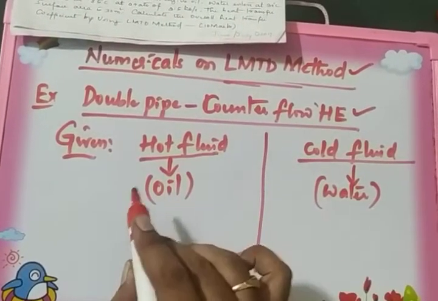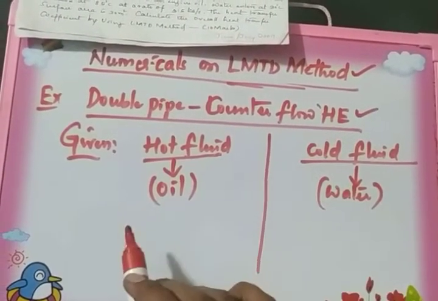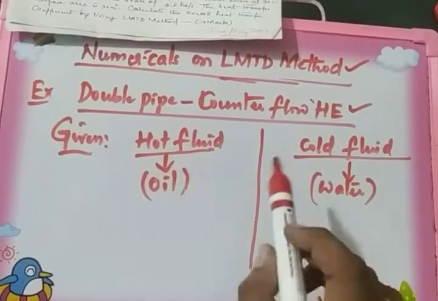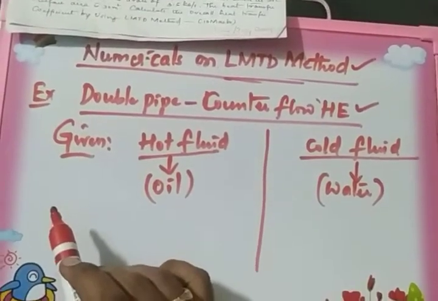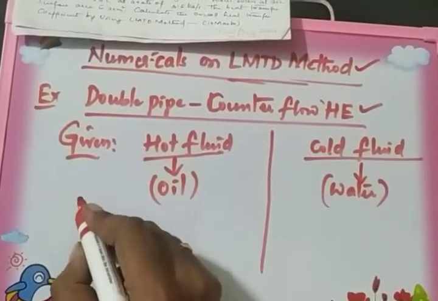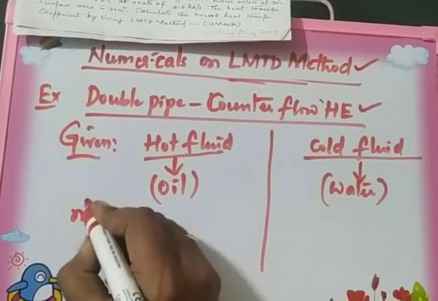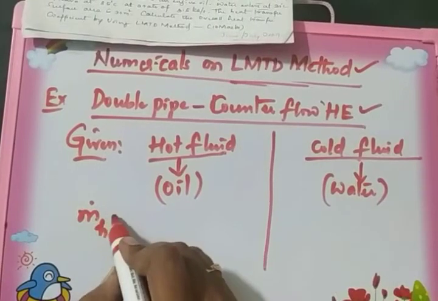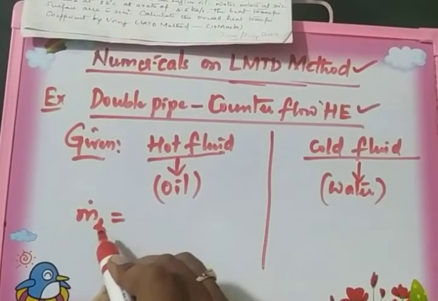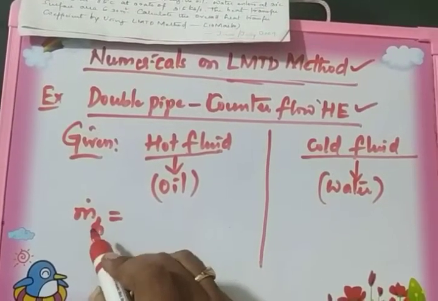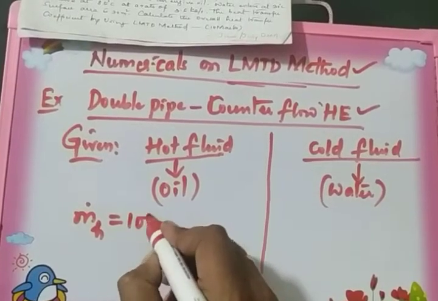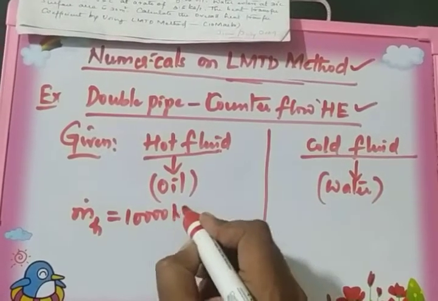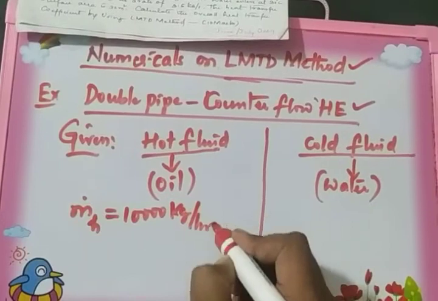Now with this, let us write what are the data given with respect to hot and cold fluid. Now he says the mass flow rate of the oil is, since it is a hot fluid, we are familiar with the notations, so I'll write the mass flow rate of the hot fluid, that is oil, as m dot h. He has given it as 10,000 kg per hour.